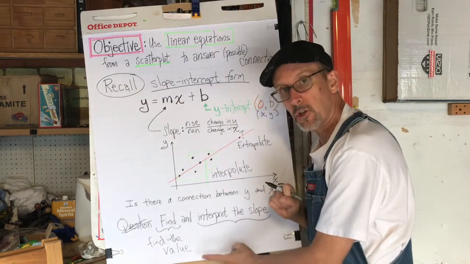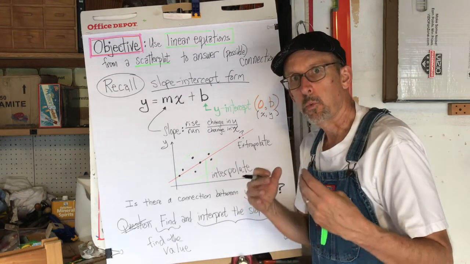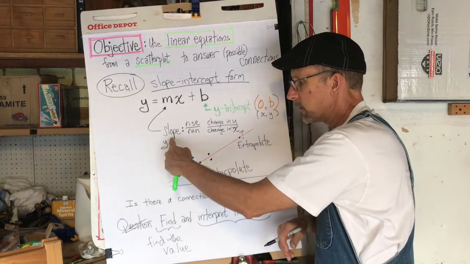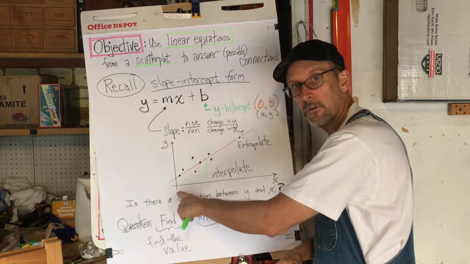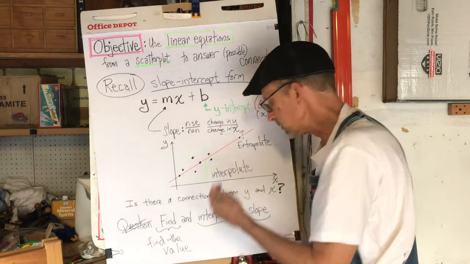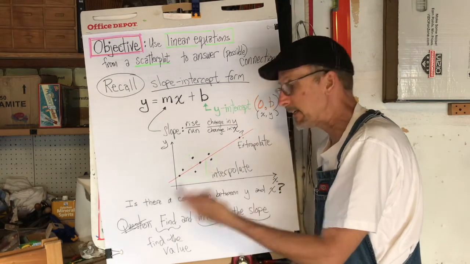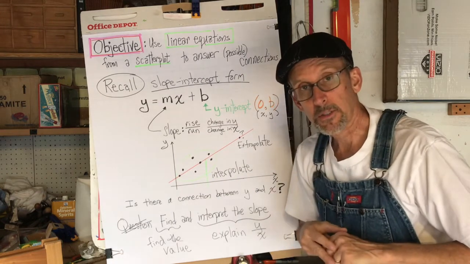And when they say interpret the slope, what they mean is, so what is it describing? If this was time here in hours, and this was miles per hour, oh, you're talking speed. So to interpret the slope means to explain the connection between y and x. Explain y over x.